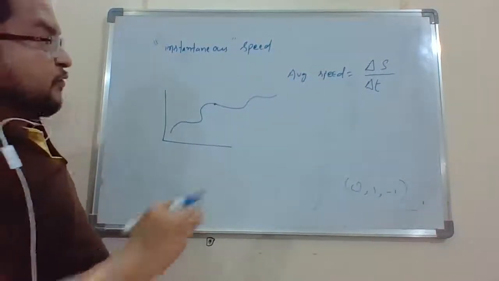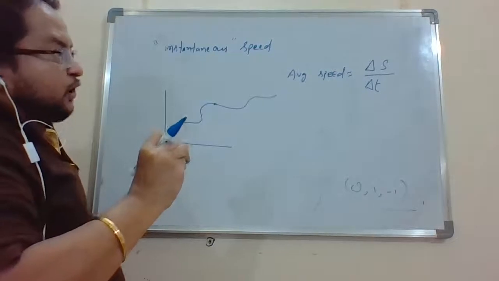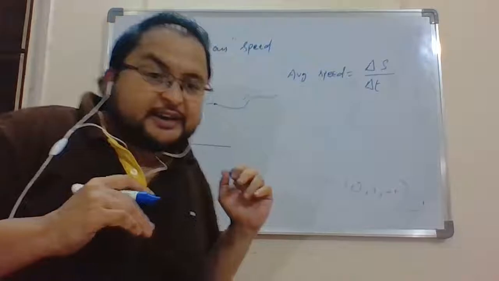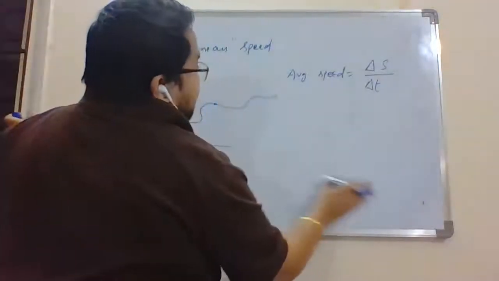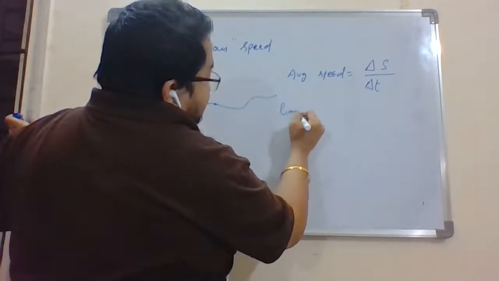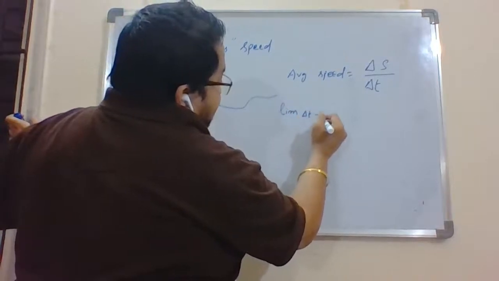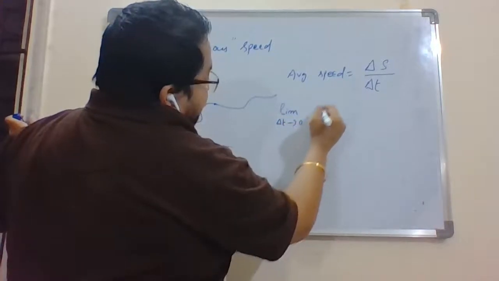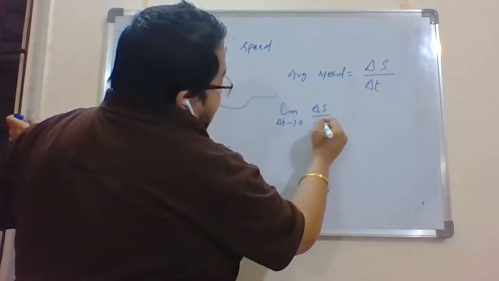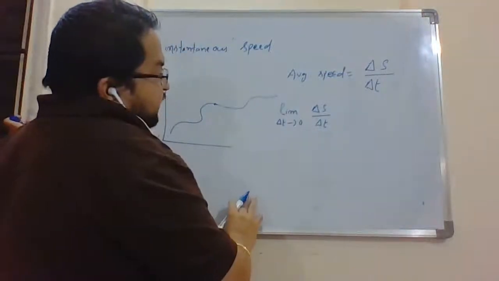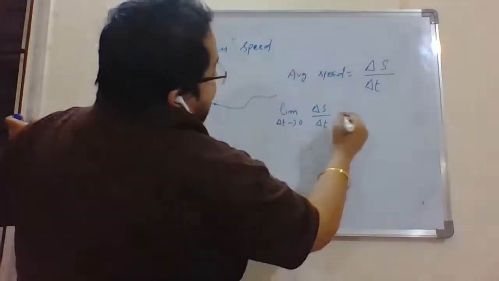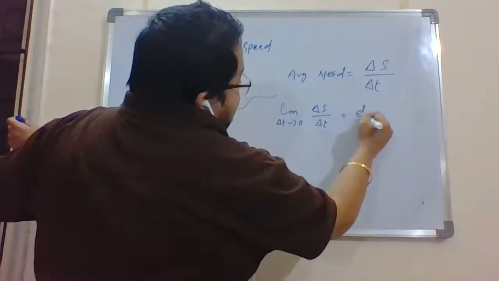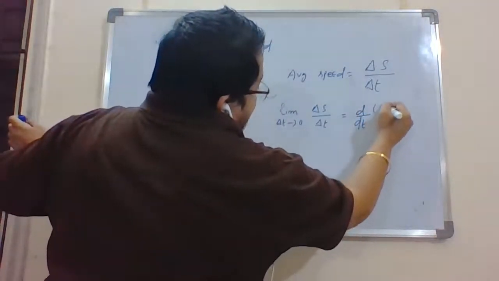What is the speed at that point of time? Delta s by delta t. But if your delta t is absolutely zero, then you cannot find the ratio of delta s by delta t, so we use the limit concept here. The limit as delta t tends to 0 of delta s by delta t is d by dt of s.